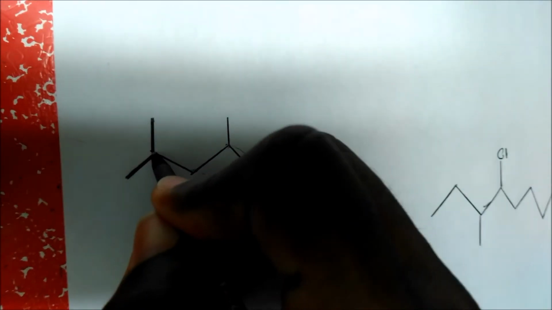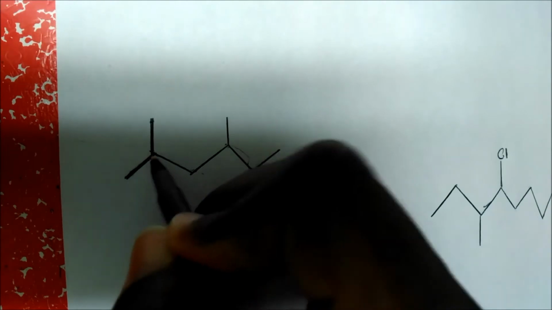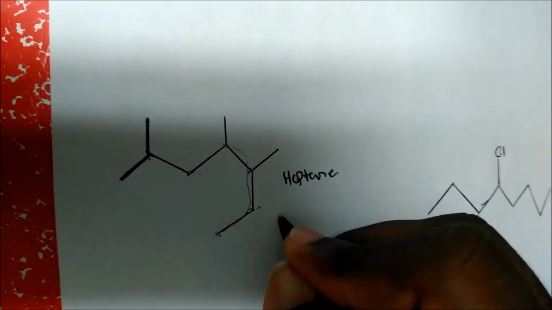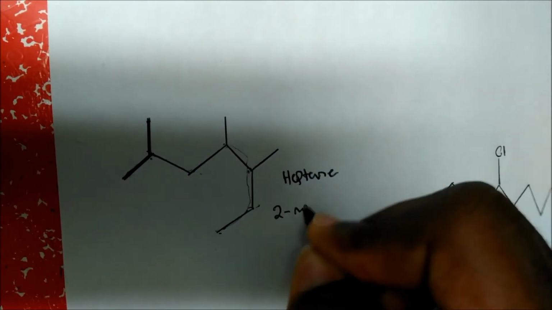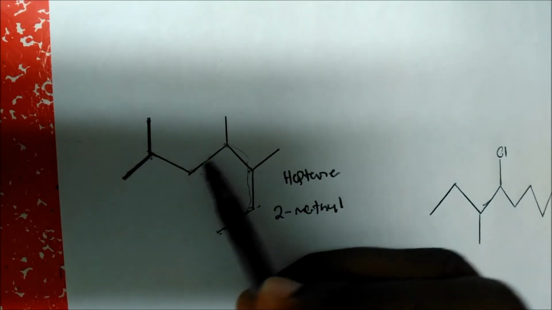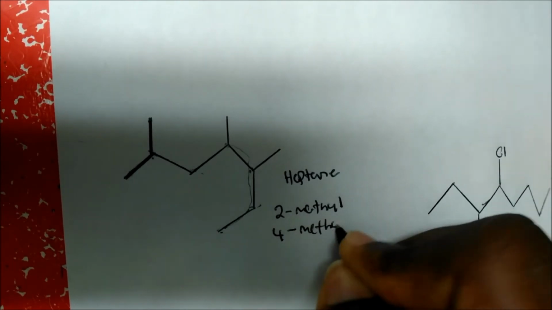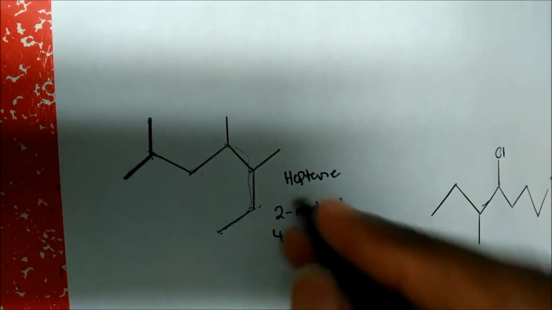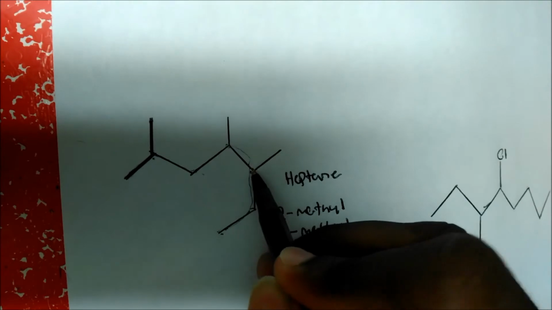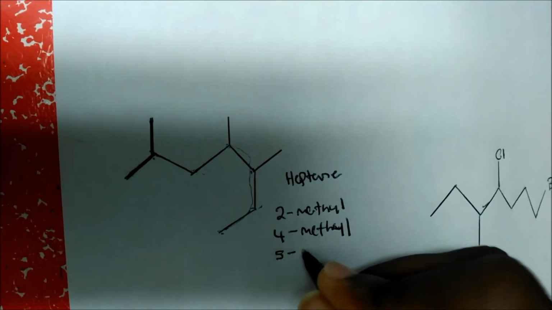On carbon 2, we have a methyl. So as substituents, I'm going to have 2 methyl on carbon 2. On carbon 4, also a methyl, so 4 methyl. On carbon 5, also a methyl, and this will be 5 methyl.